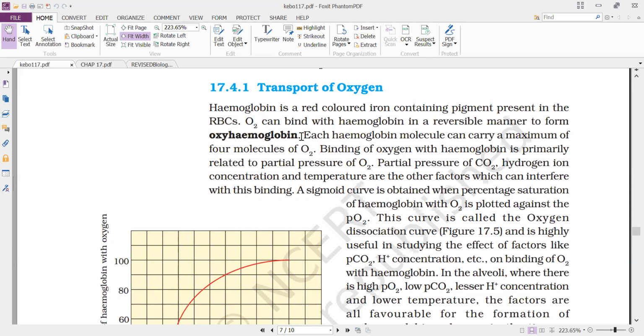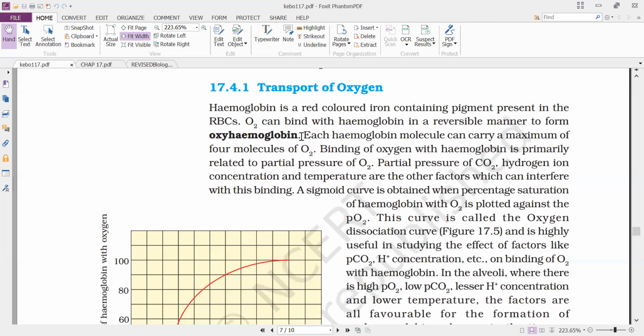So the factors that affect the binding are, first, the partial pressure of carbon dioxide, second, the hydrogen ion concentration, and third, high temperature.